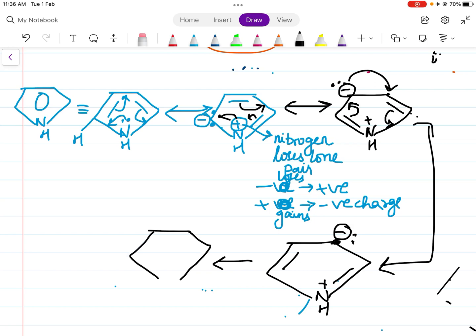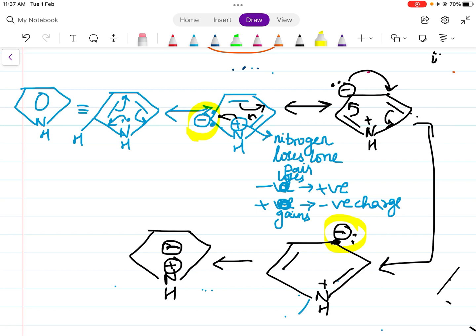So the cycle will go on continuing like this. The bonds will go on getting shifted. Therefore, we say that this is the actual resonance structure. With negative charge, we show it like this. Inside the ring, we show a negative charge because the negative charge is going on moving.